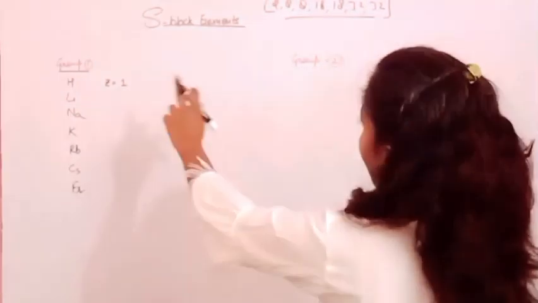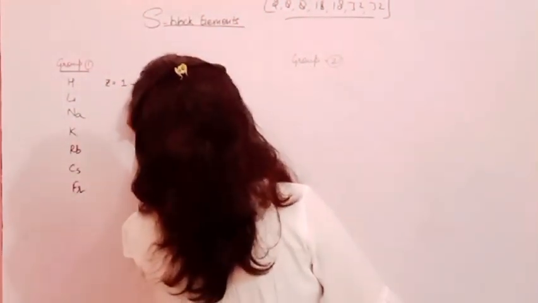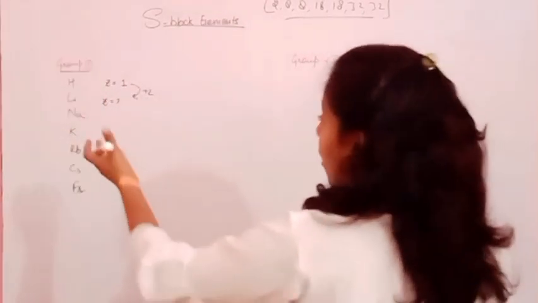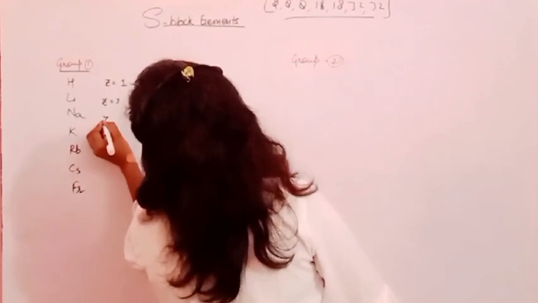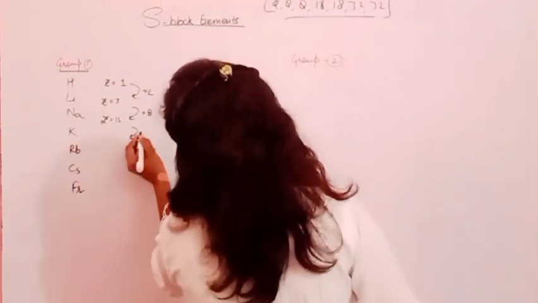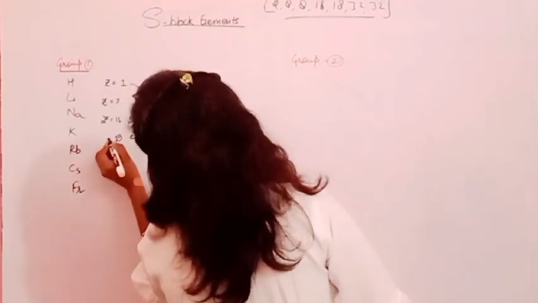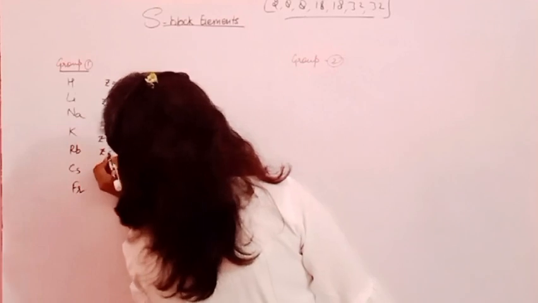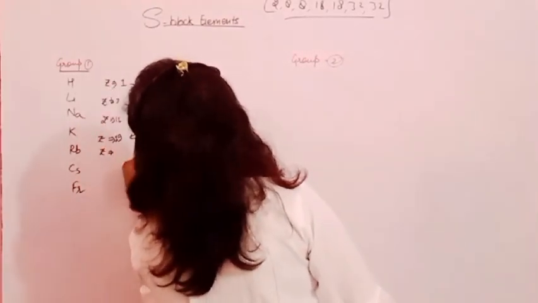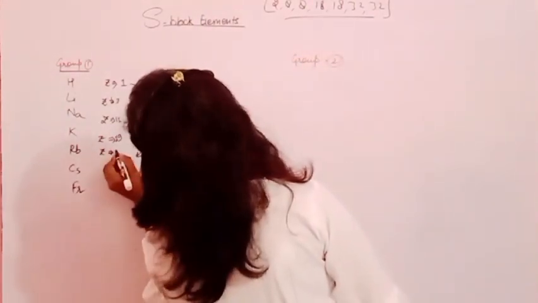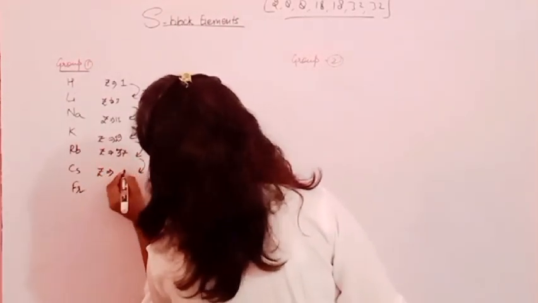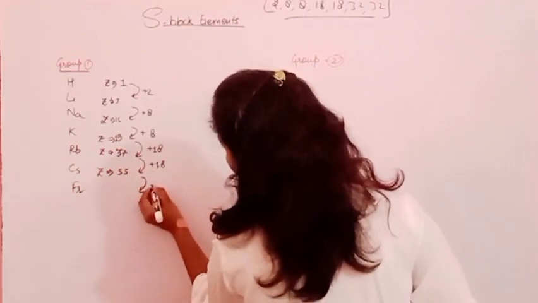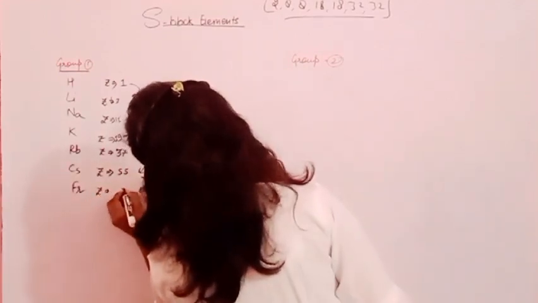So listen, we have Z equals 1, adding 2 we get Z equals 3, which is the atomic number of lithium. Now adding 8, we get the atomic number of sodium, which is 11. Adding 8 again, we get 19 for K. Then adding 18, you get 37 for rubidium. Adding 18 again, you get 55 for cesium. Adding 32, you get 87 for francium.